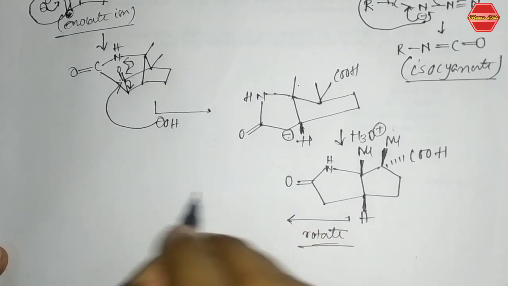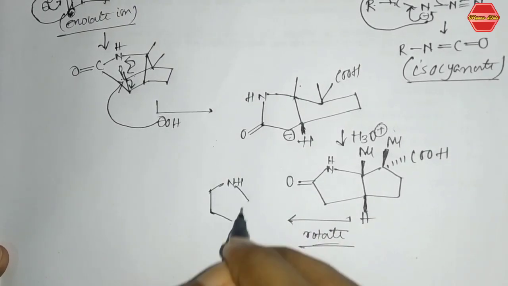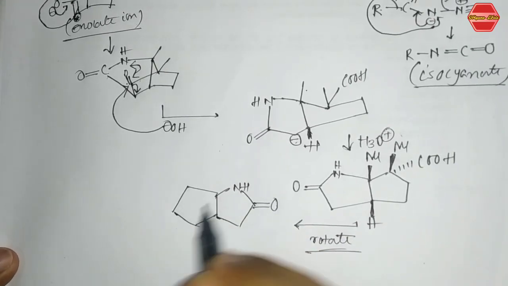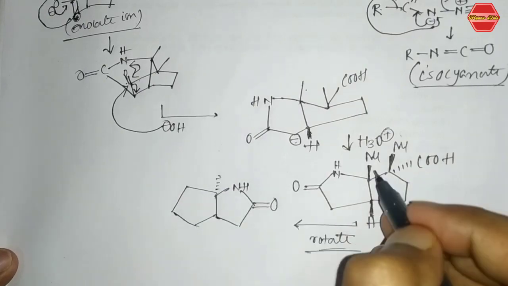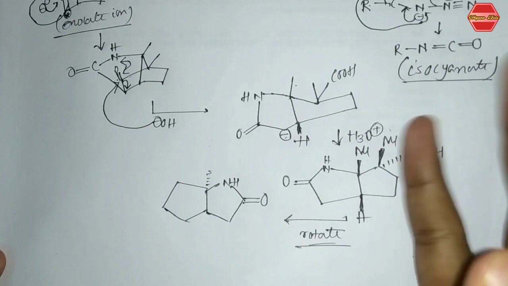When we do the same thing, that is the NH double bond O. Now see, we are just rotating this one, just flipping it over. That is our rotation part.